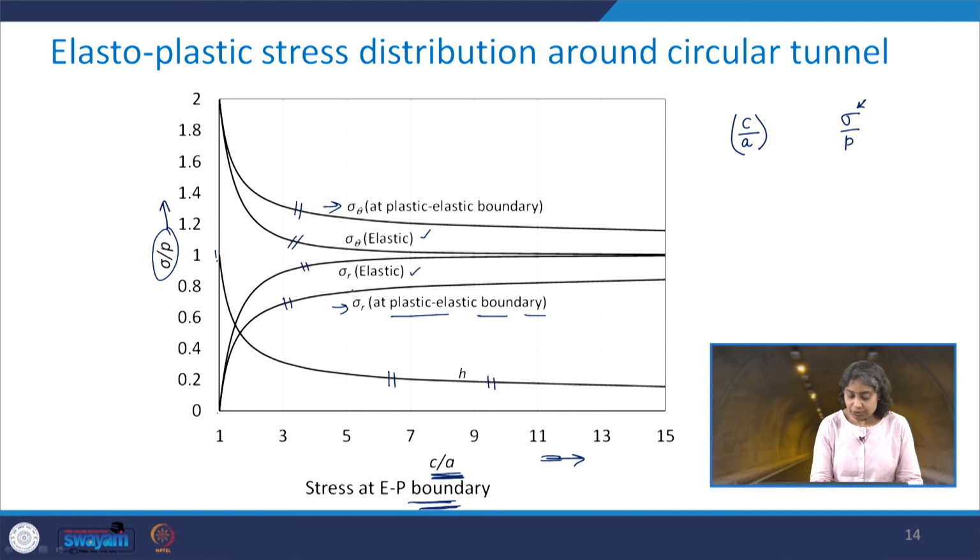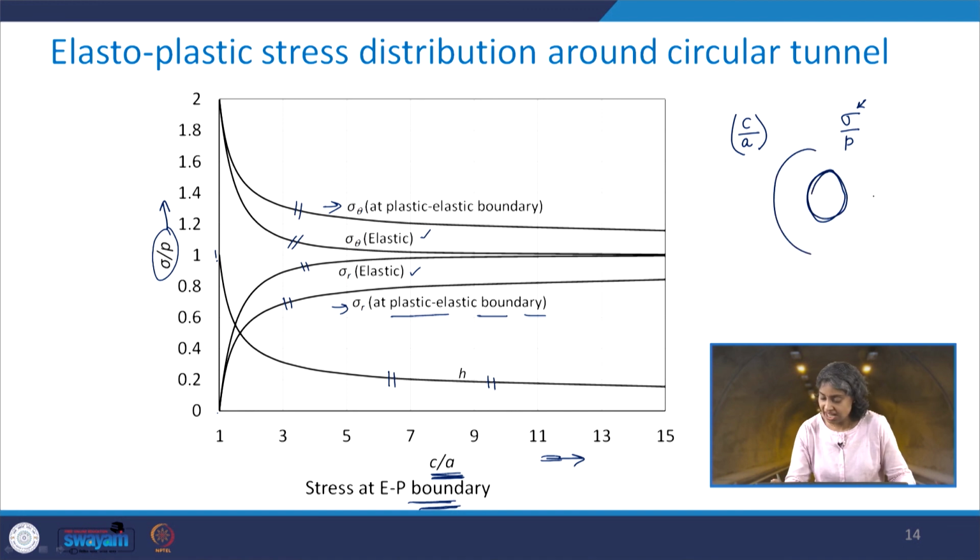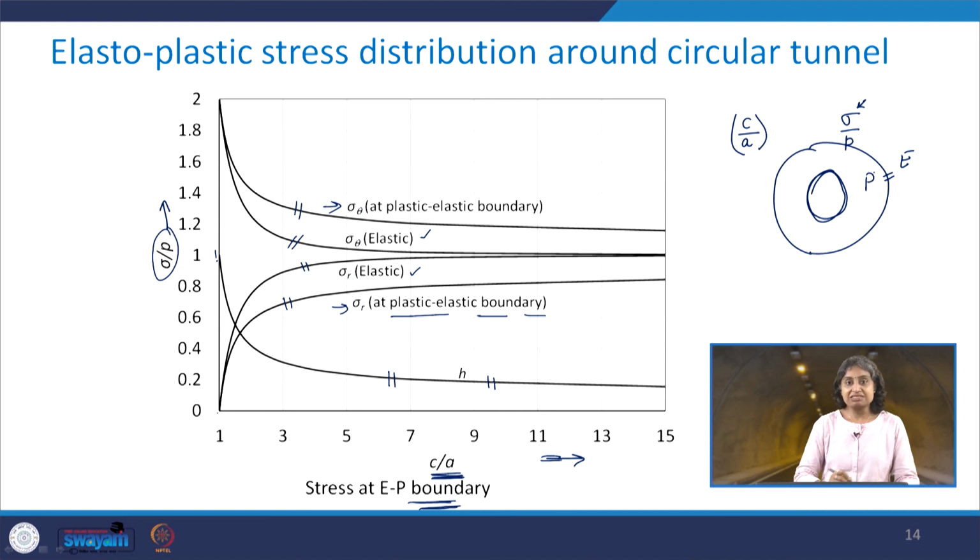Now, take a look here at the elastic zone. Because when you have the elastoplastic boundary, if this is, let us say, your circular tunnel, then we have the elastoplastic boundary. At the boundary, here we have the elastic situation and here we have the plastic one.